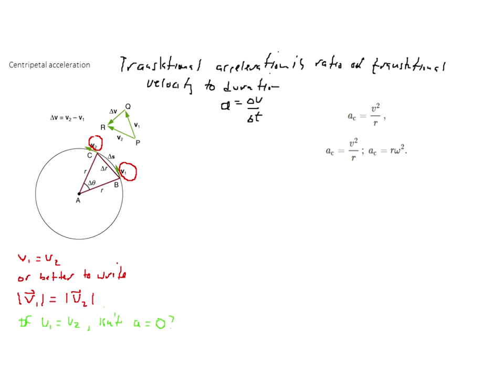So folks that are watching, the V1 arrow is a certain length, let's just say it's 10 meters per second. V2 is 10 meters per second. So is there acceleration? The question then, is there acceleration in this case?